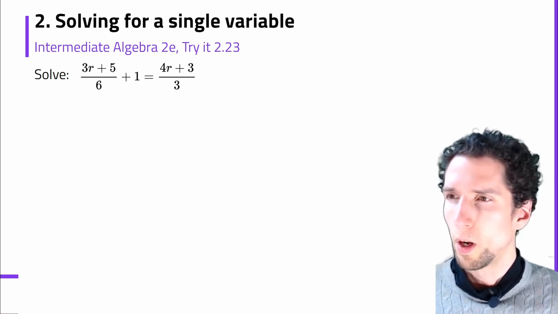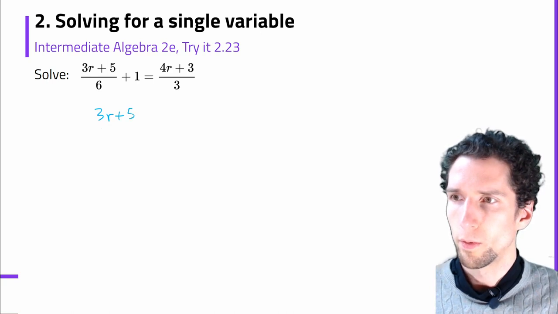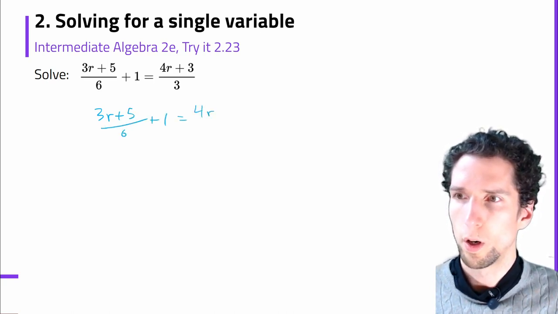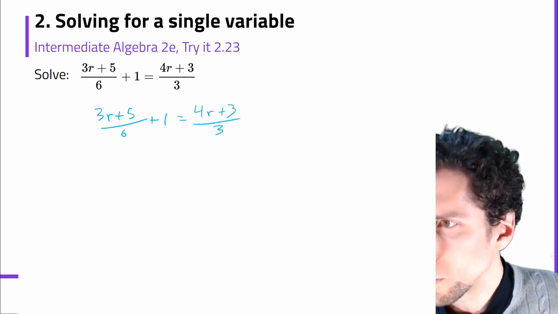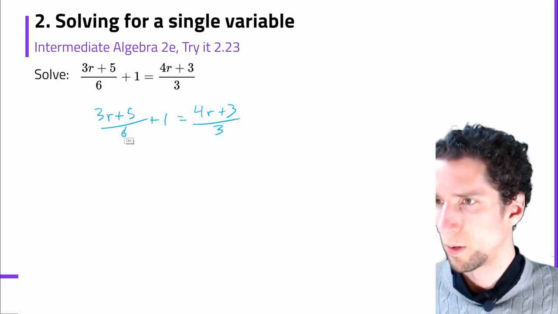So my turn here. 3r plus 5 over 6 plus 1 equals 4r plus 3 over 3.